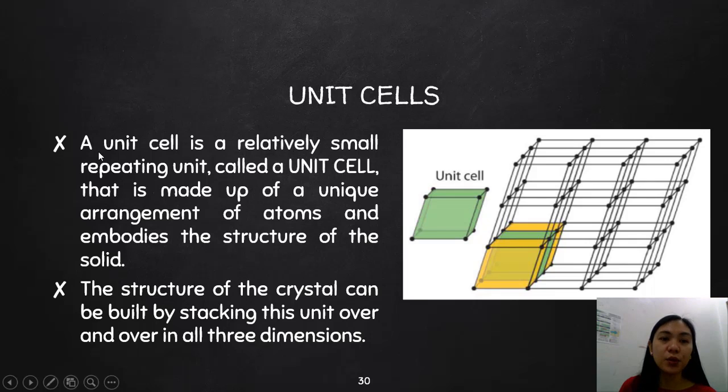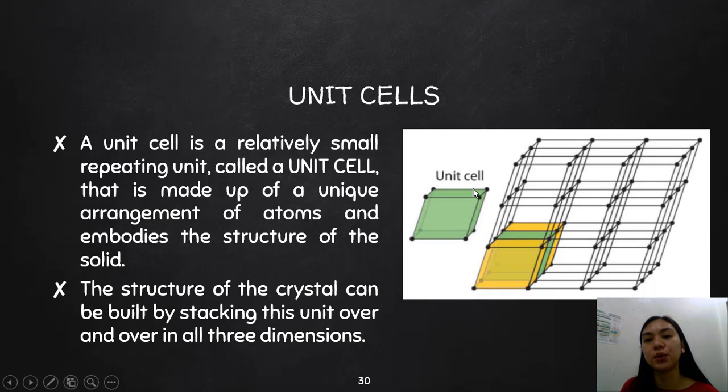So, it says here, a unit cell is a relatively small repeating unit that is made up of a unique arrangement of atoms and embodies the structure of the solid. So, the structure of the crystal can be built by stacking this unit over and over in all three dimensions.